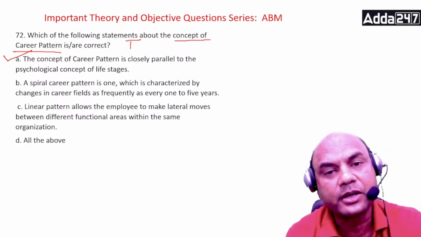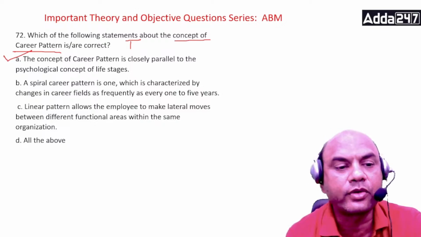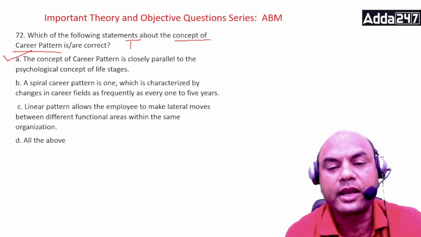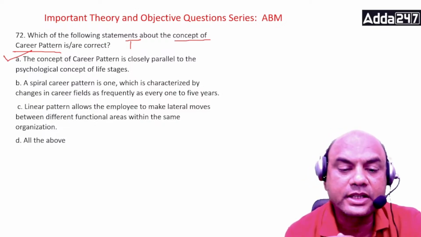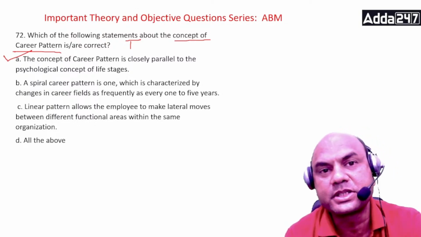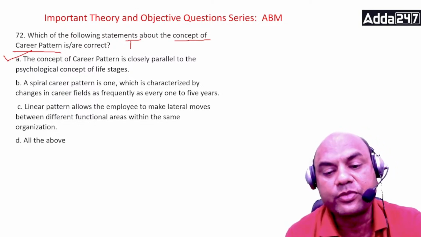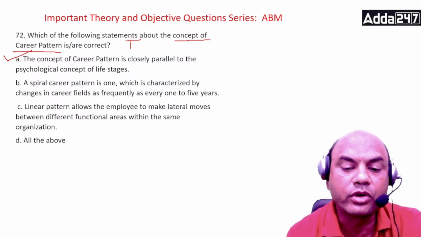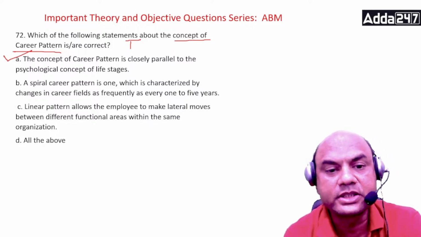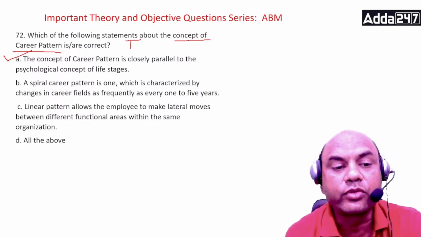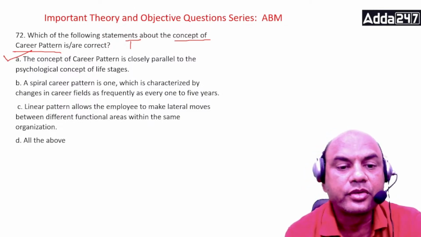Now what about statement 2? Statement 2 is incorrect. Why is it incorrect? Spiral is a transitory one, characterized by the change in the fields as frequently as every 1 to 5 years, as given over here.